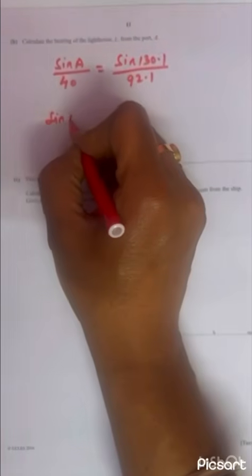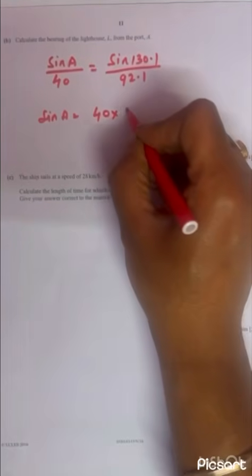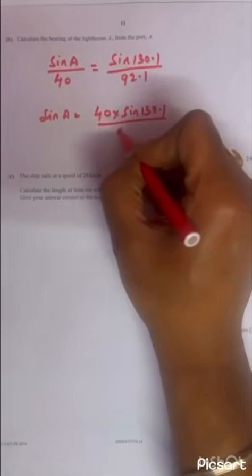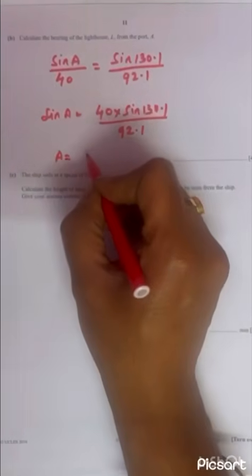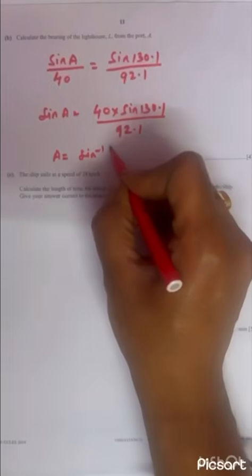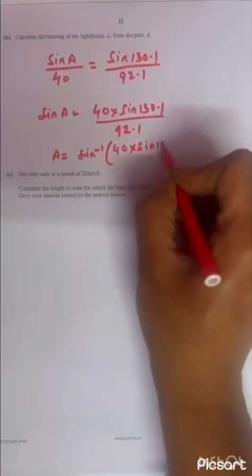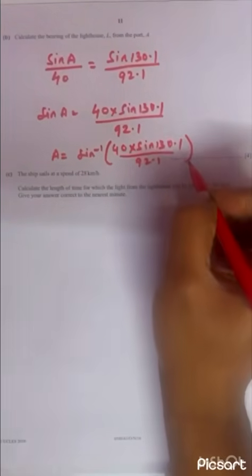So sine A will become 40 multiplied by sine 130.1 divided by 92.1, and if A is the subject, then it will be sine inverse of 40 into sine 130.1 divided by 92.1, correct?